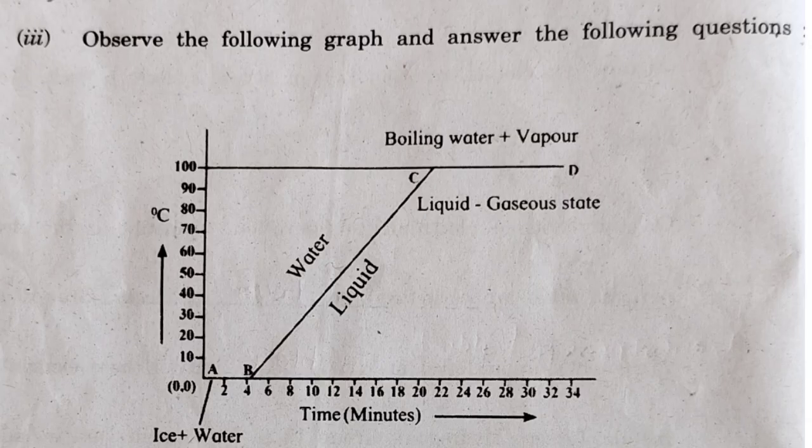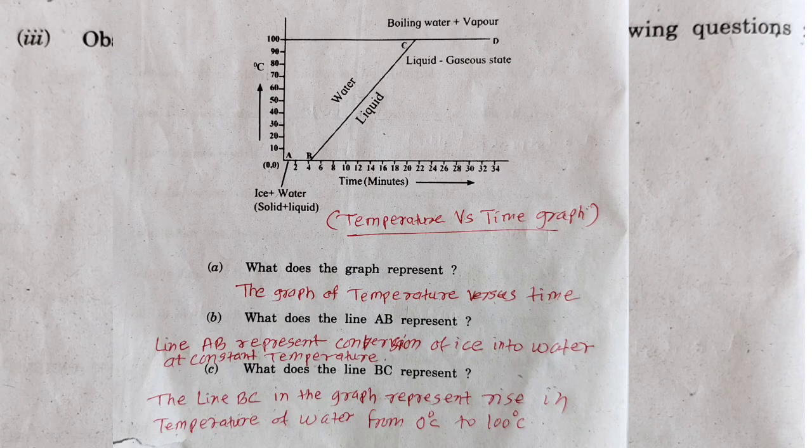3. Observe the following graph and answer the following questions. See and observe the diagram of the graph. A. What does the graph represent? Answer. The graph of temperature versus time is represented. B. What does the line AB represent?